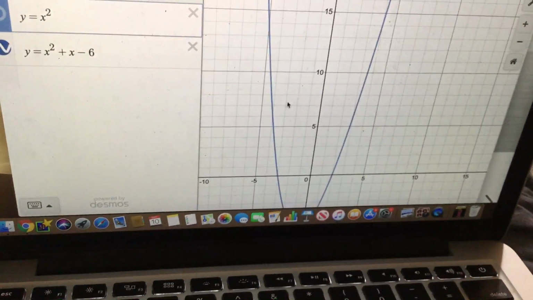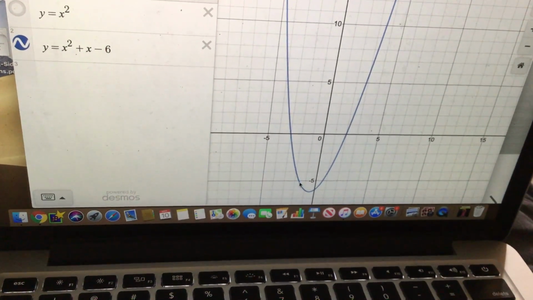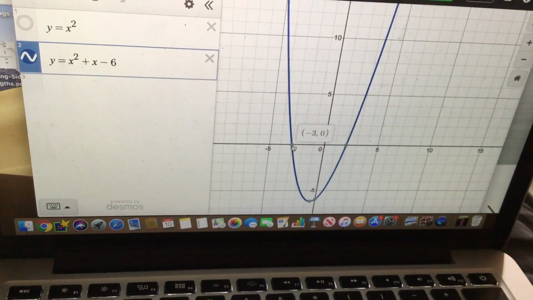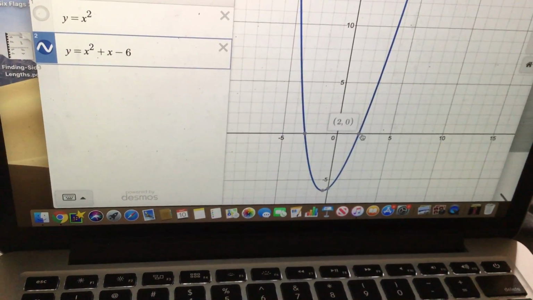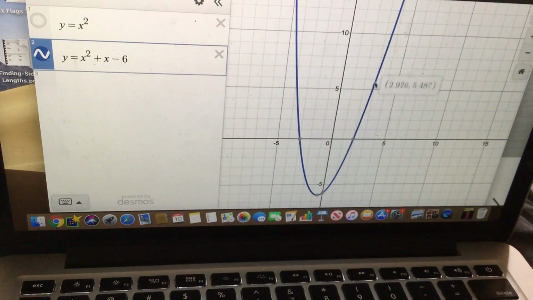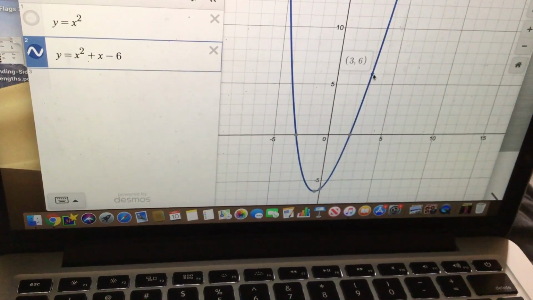Take this off, okay? So once again, we've got -3, 0, 2, 0, 3, 6, and so on and so forth. All the points are going to match up over here. Let me put this on the side.